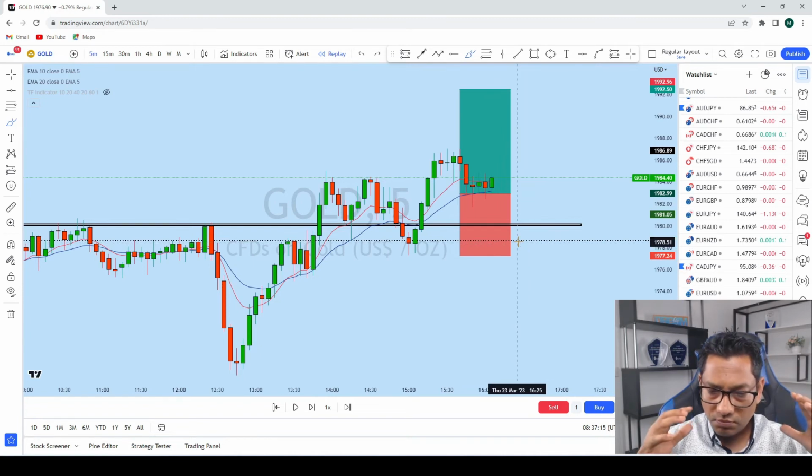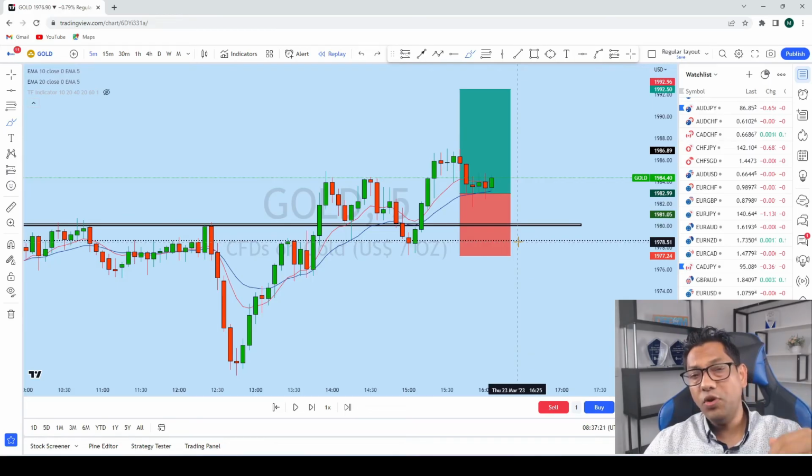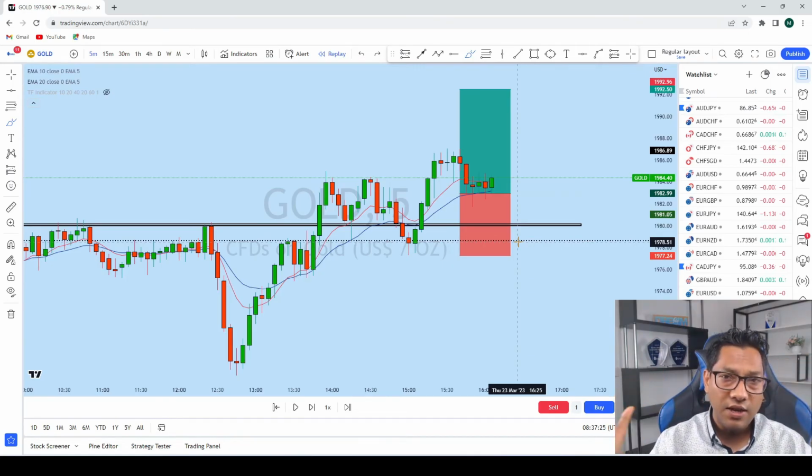Now the problem on the higher time frame in this kind of situation is that if you look at, let's say, the 4 hour, as I mentioned, this is always a reliable time frame. If you do not have time to sit in front of the chart, don't get me wrong, the higher time frame is always reliable.